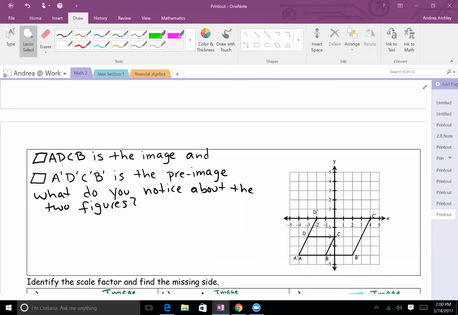Okay, so here you have parallelogram ADCB is the image where we started. So the smaller figure is where we started. Okay, then parallelogram A prime, D prime, C prime, D prime is the pre-image. Then what do you notice about the two figures?